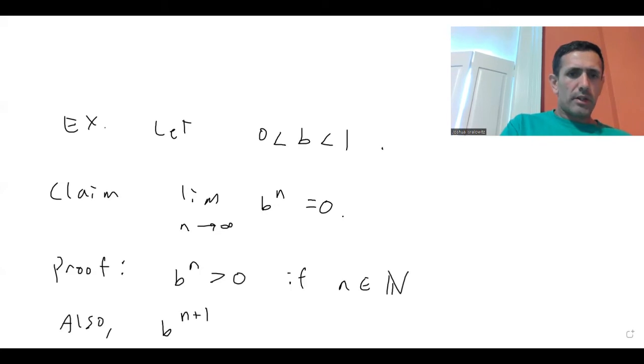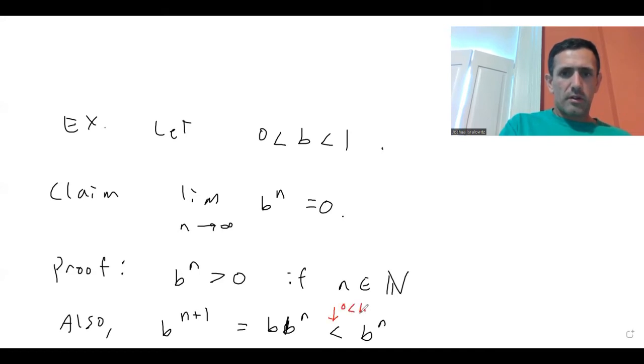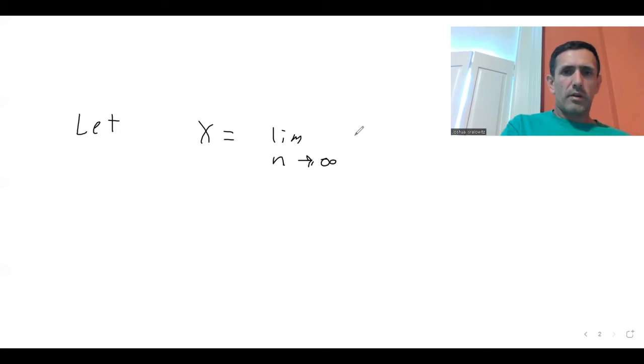This is fairly clearly decreasing: since b is between 0 and 1 and everything is positive, b^(n+1) is strictly less than b^n. So by the monotone convergence theorem, the limit exists. Let's say x is this limit as n goes to infinity of b^n. And I claim that this has to be 0.